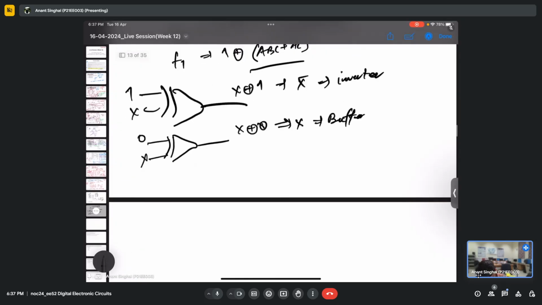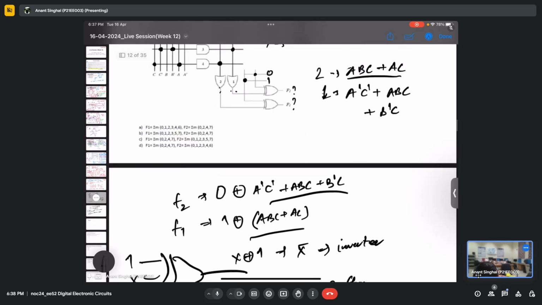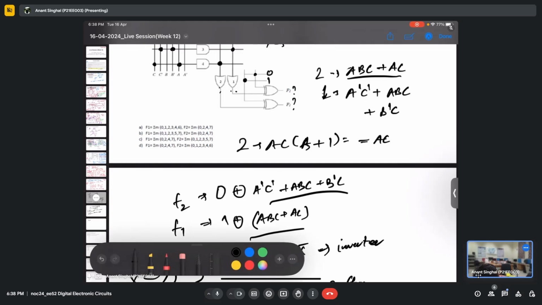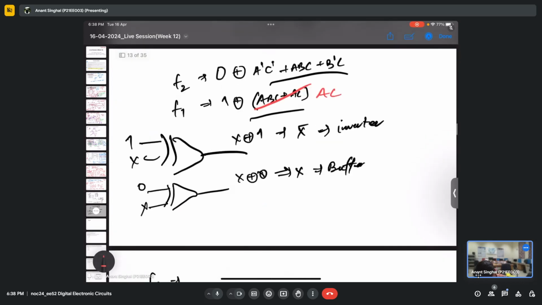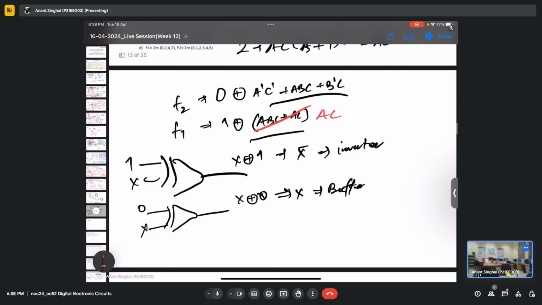So for 2, I take AC common. Then I have B plus 1, which will give me finally AC. So 2 is AC, so I'm writing AC here, and we can keep that as is. So for F1, we have AC.